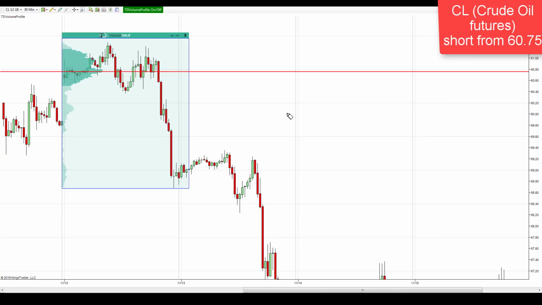Another strong intraday level which I would like to show you is on the CL, which is the crude oil. It's futures for crude oil. This is the short level and it's based on heavy volumes which got accumulated throughout this whole rotation area. You can see that the volumes were pretty massive there, and from this place strong sell-off started. Really strong sell-off.